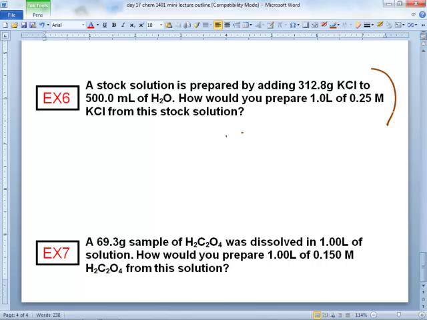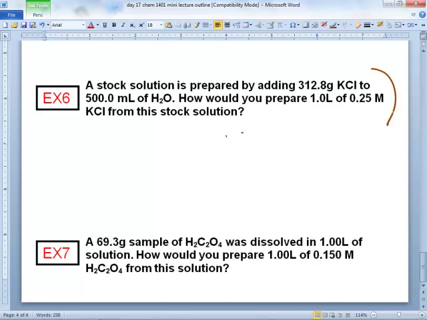So as an Mi, Desiree got 8.4. What did you get, Yvette? 8.4. So around 8.4, I think people are getting for Mi, for EX6. Right? That's what Taylor got too.